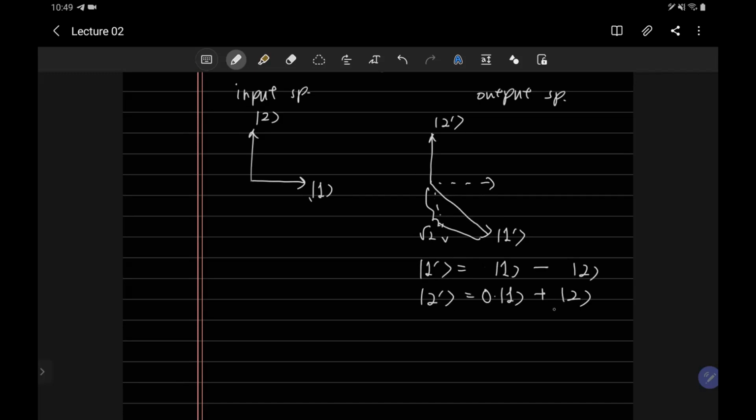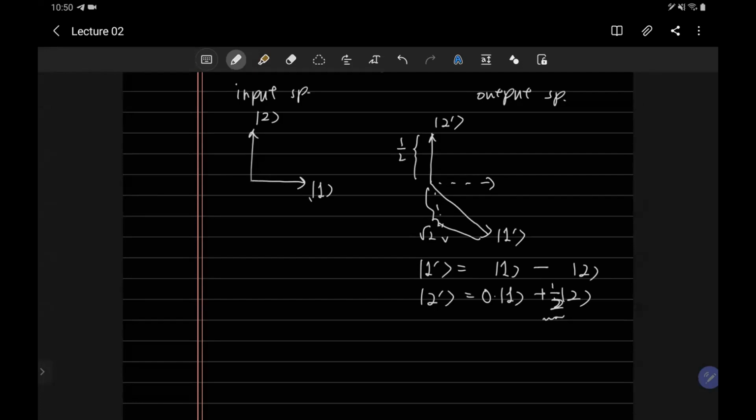For a more concrete example, let me also assume that the length of this one was a half, so that means we will also have a half something like this.